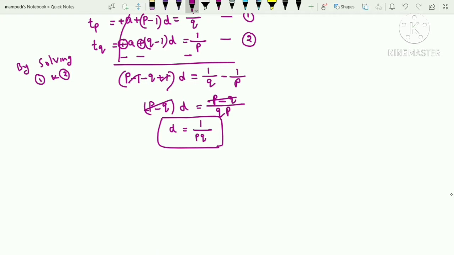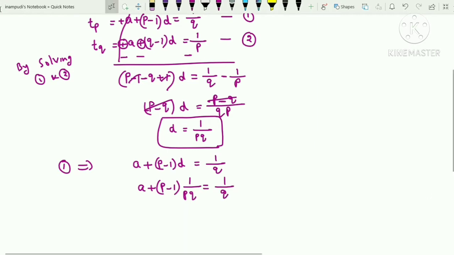We can substitute. What is the first equation? a plus (p minus 1) into d is equal to 1 by q. We substitute the d value. a plus (p minus 1) into, what is the d value, 1 by pq is equal to 1 by q.